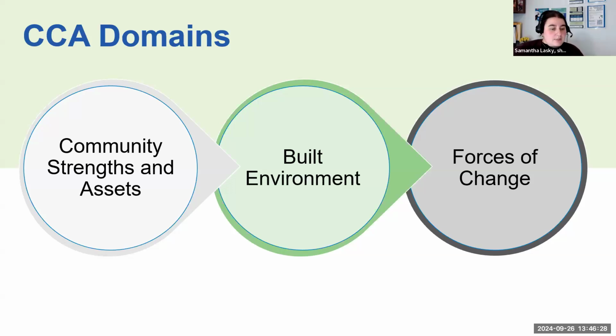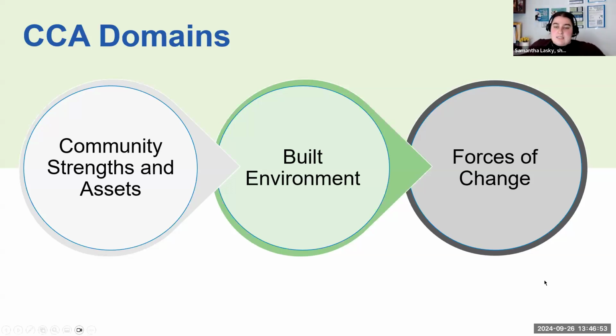The second domain is the built environment, which are man made surroundings that influence overall community health, including the individual behaviors that drive health, like green space, housing, sidewalks, street lights, all of the alleys, all of those things. And it includes identifying assets of the physical environment and exploring how community members view and interact with their built environment and how that might impact their health.